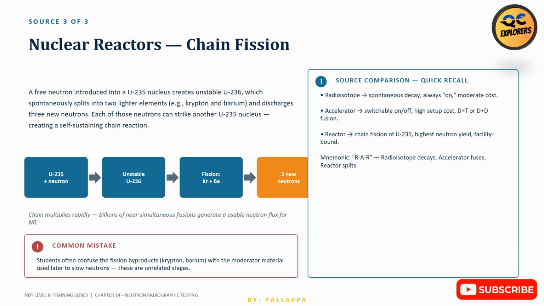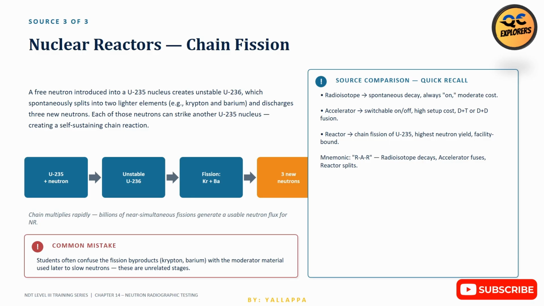The fuel most commonly used in neutron radiography reactors is uranium-235, often written as U-235. When a free neutron strikes a U-235 nucleus, that nucleus absorbs the neutron and briefly becomes an unstable uranium-236 atom. This unstable nucleus cannot remain intact.